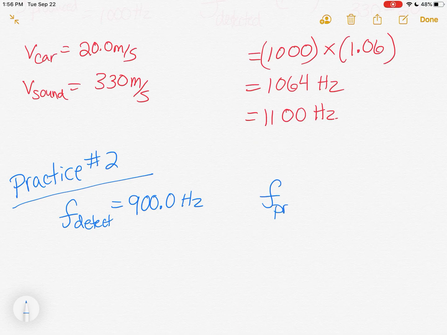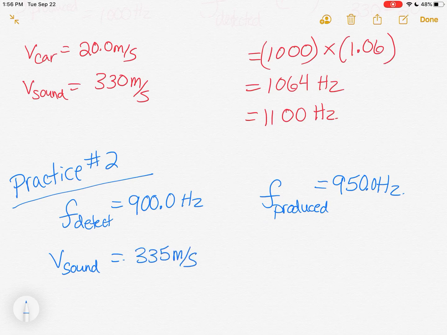The frequency that's produced by the ambulance is 950 hertz, 950.0 hertz. And our speed of sound, in this case, is going to be 335 meters per second.